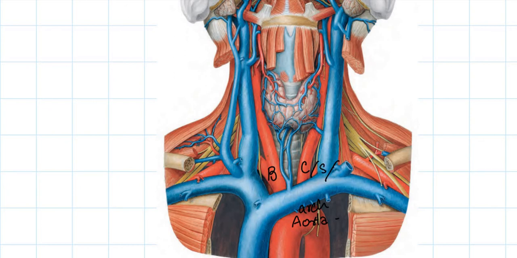The brachiocephalic divides into the common carotid on the right side and the artery which is going behind. Sorry, this is the right side subclavian artery.